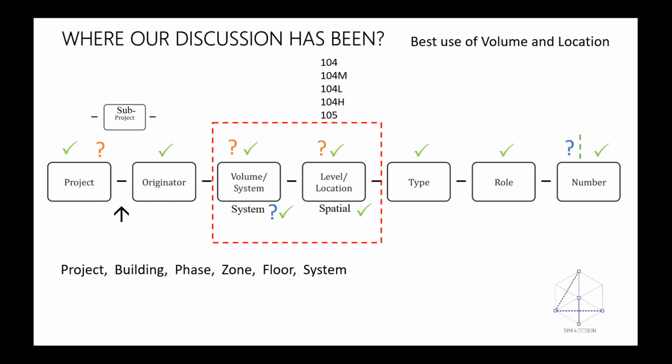And then we started looking at things like spatial location, and particularly the whole issue over mezzanines and what happens when you've got a mezzanine on a 110-story building. Where do you put that? If I have M on the front, it throws it out of sequence, and all of a sudden I've got those further down the sequence.